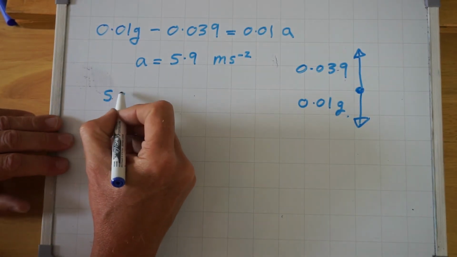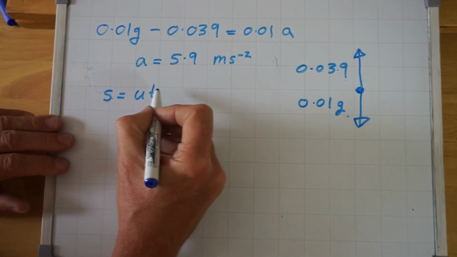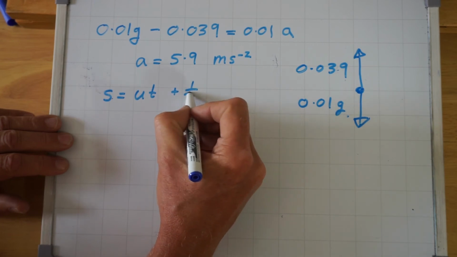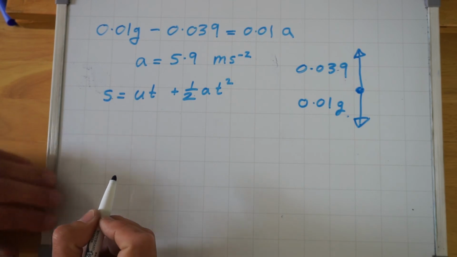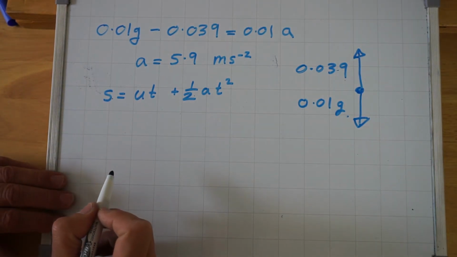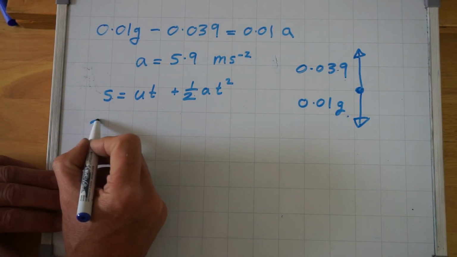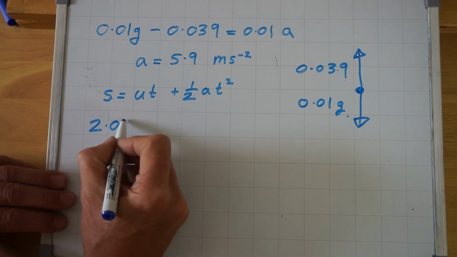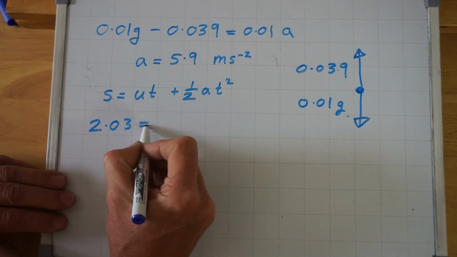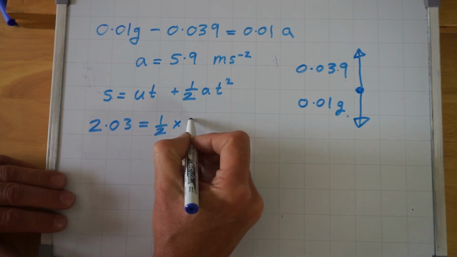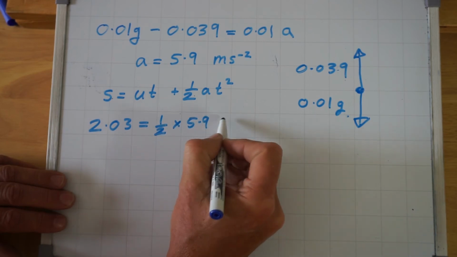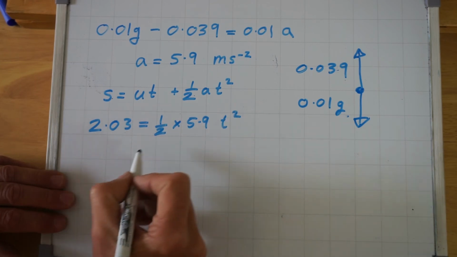We can now use s equals ut plus a half at squared to find the time that we would expect this cone to take to fall. s will still be 2.03. Again, ut will be 0, and we will have a half times 5.9 t squared.